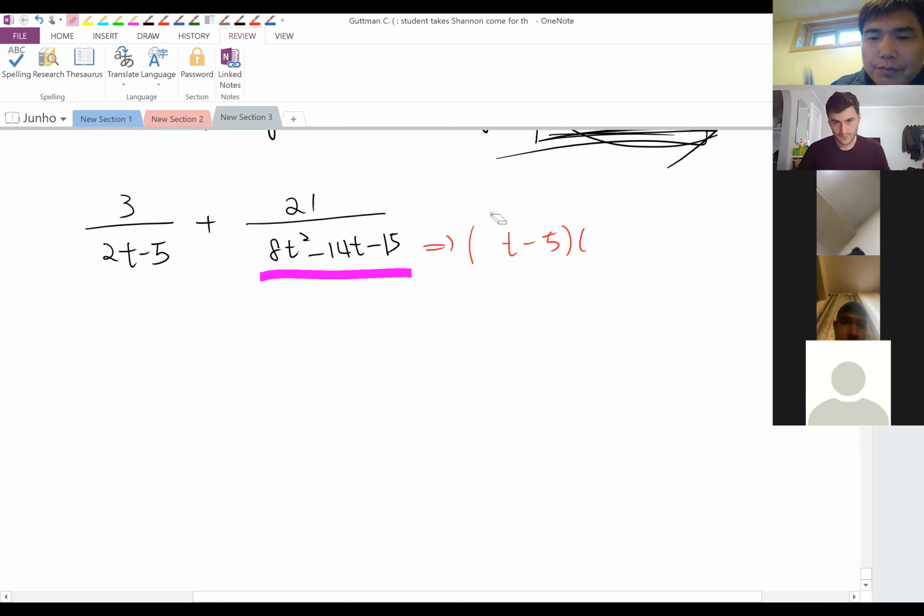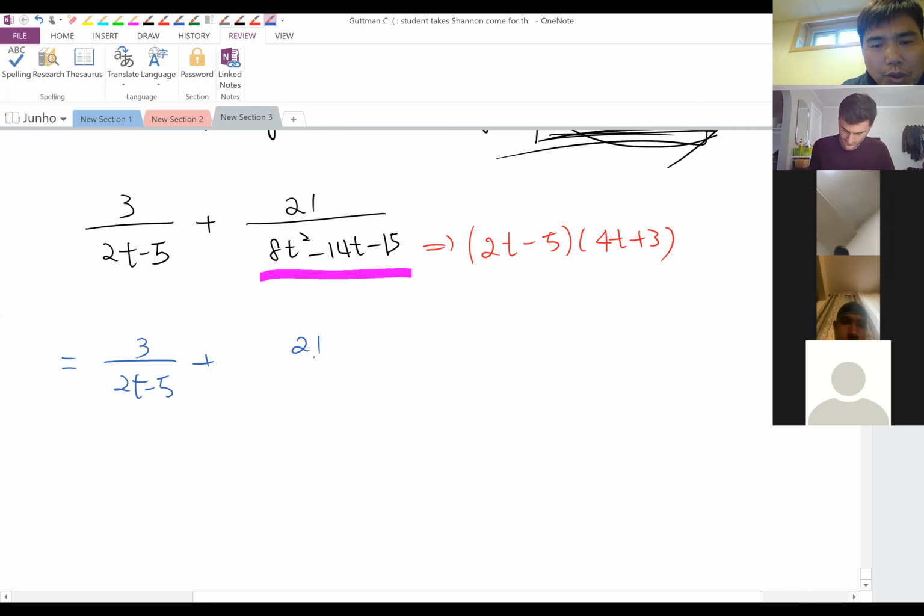Oh, so 2t minus 5 times 4t plus 3. Okay, so based on that, we can rewrite this as 3 over 2t minus 5 plus 21 over 2t minus 5 and 4t plus 3.